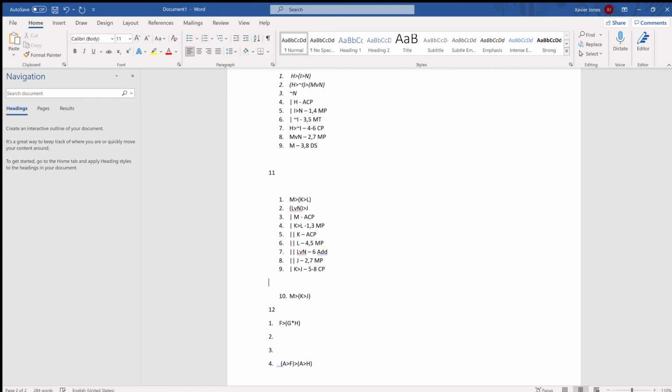And then we can exit this and say lines 3 through 9 conditional proof. Because right here we have if K then J, so assuming K is true, we can prove that J is true. Now we have if K then J, so assuming M is true, we can prove that if K then J is true. So if M, then K, then J.